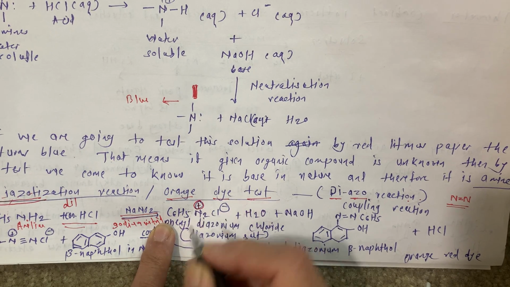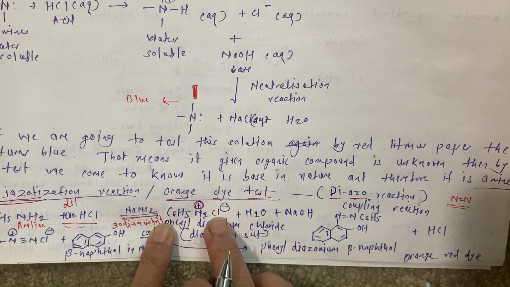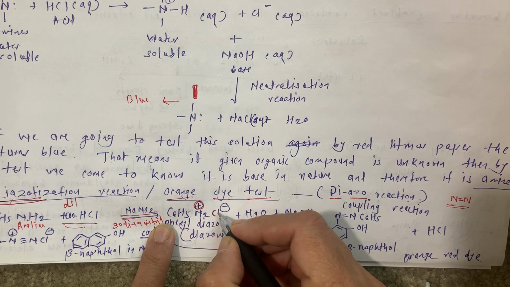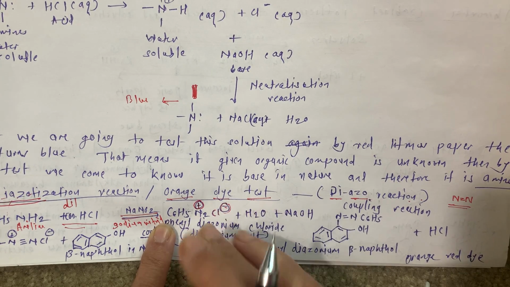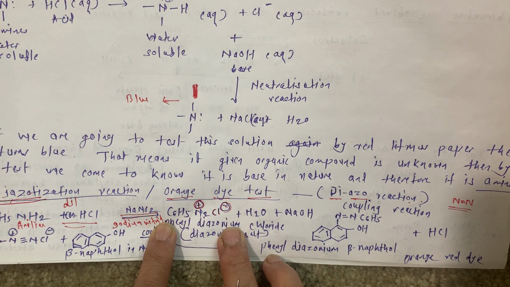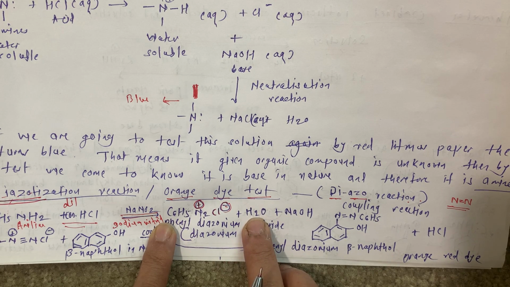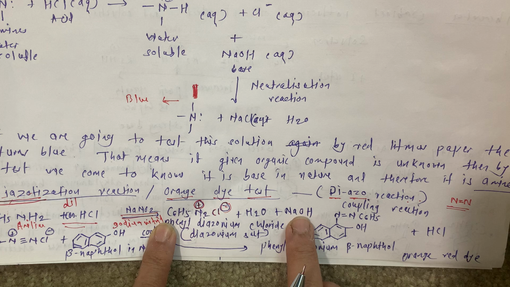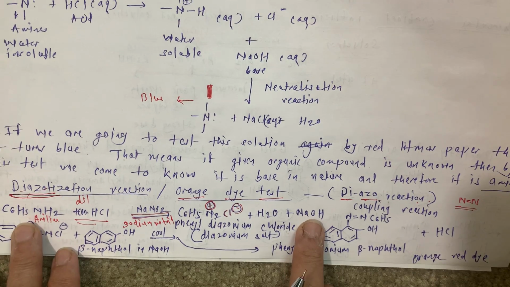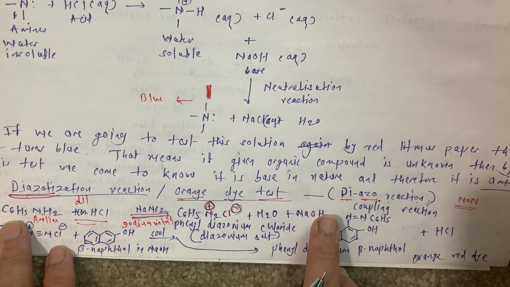Remember this very well: N2 plus Cl minus. The byproducts are H2O and NaOH. Now try to understand this reaction in the simplest way.